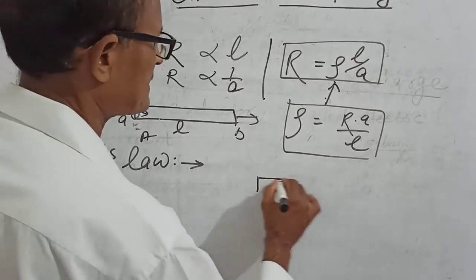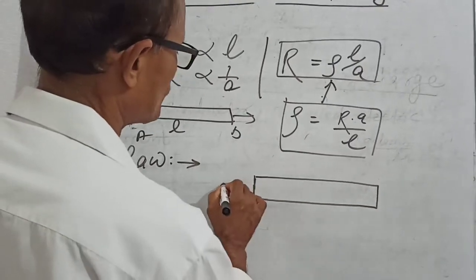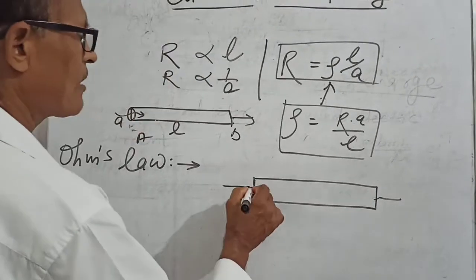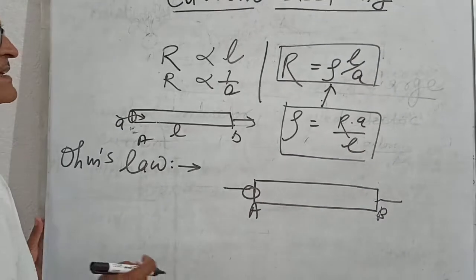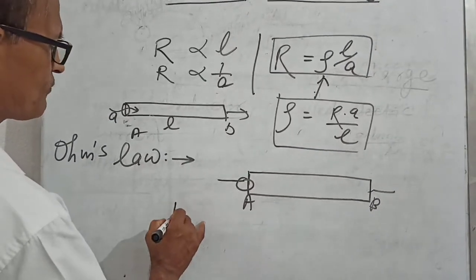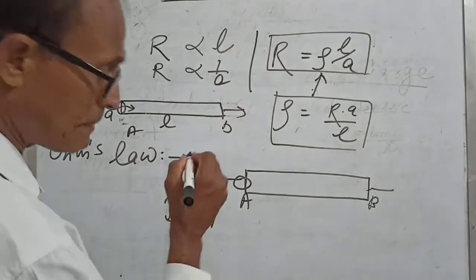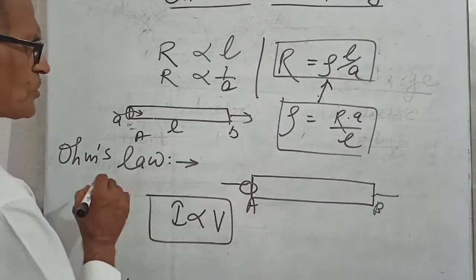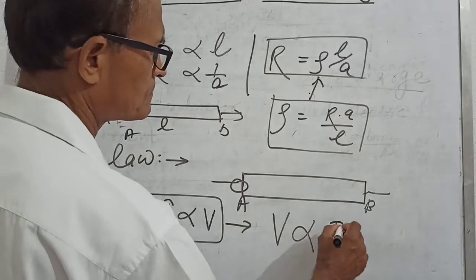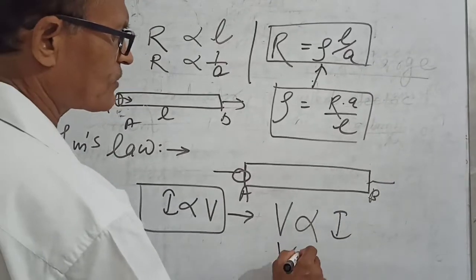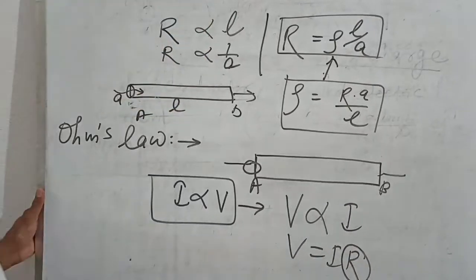Suppose we have a conductor here, current is flowing in this very conductor, and we ask what is the potential difference between A and B. The current flowing in a conductor is directly proportional to V. But the mathematical statement lets us write it as V is directly proportional to I, then V is equal to I into R. This R is actually resistance, which is a constant for a conductor.